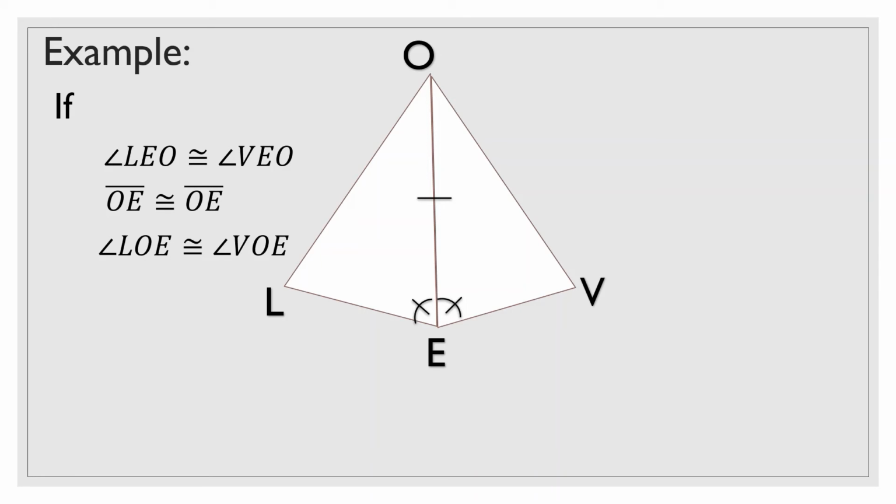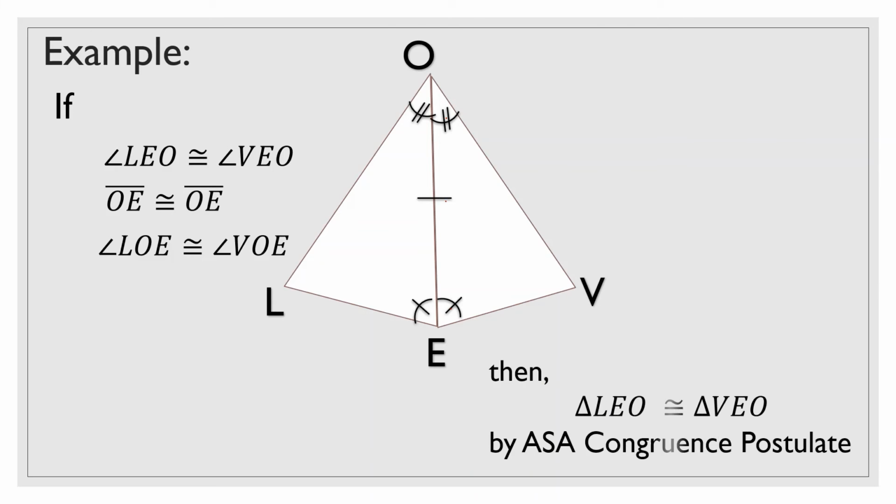And we also have angle LOE congruent to angle VOE. So in the given figure, we have angle, included side, angle. On the second triangle, angle, included side, angle. So we can now say that triangle LEO is congruent to triangle VEO by ASA congruence postulate.